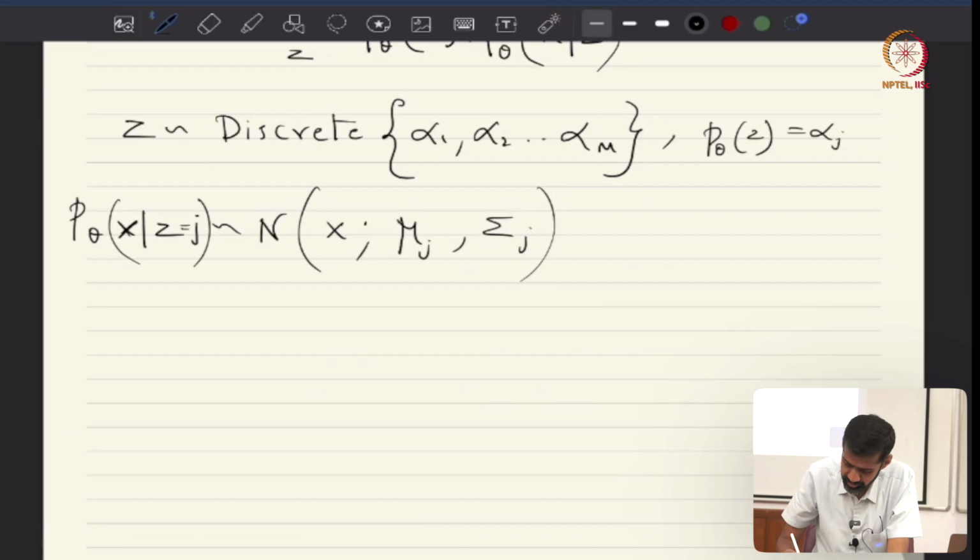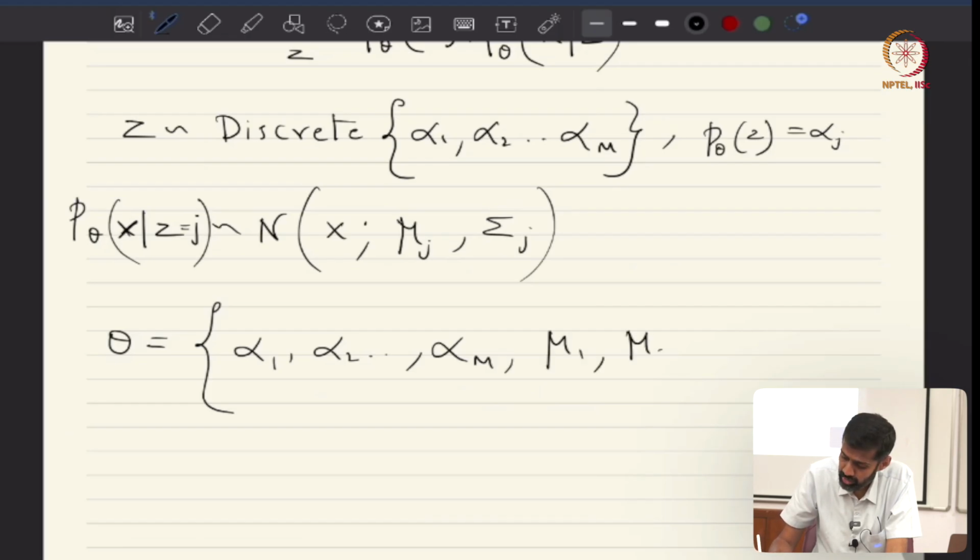Okay. Now let us work out EM for this. So what is theta here for this particular thing? Theta is the set of alphas, alpha 1, alpha 2 up to alpha m, and we have mu 1, mu 2 up to mu m, and sigma 1, sigma 2 up to sigma m.